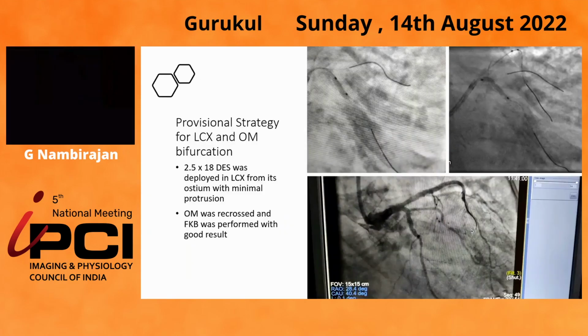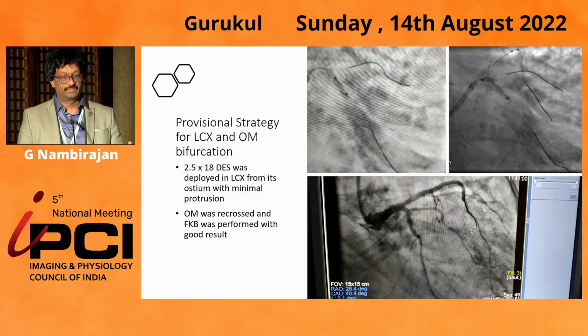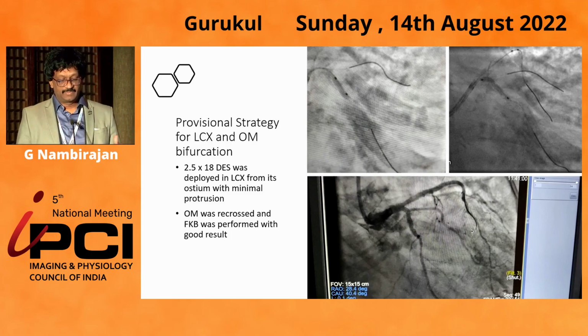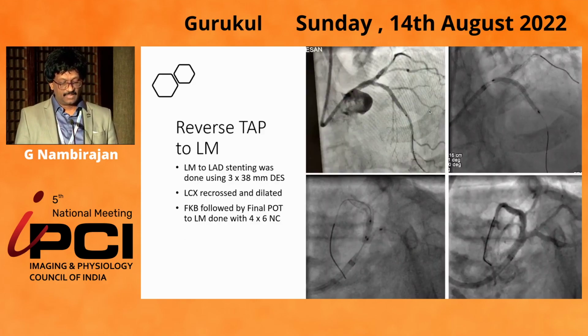After stenting the LCX with a 2.5 x 18 millimeter drug-eluting stent, a POT was done. There is no actual space for doing POT, but we were able to do it, since we were going to do the left main stenting. We rewired and did kissing dilatation to the LCX OM, and we could achieve a very good optimal result. After that, the reverse TAP technique.